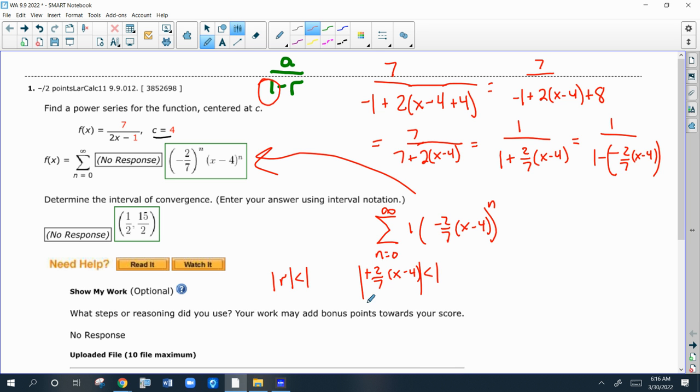Absolute value makes that positive, obviously. I'm going to multiply by 7/2.